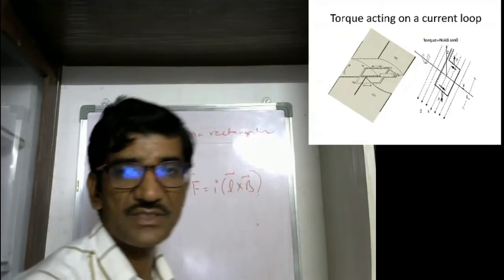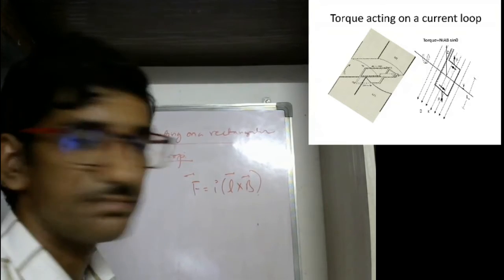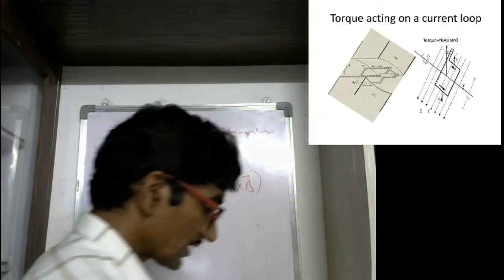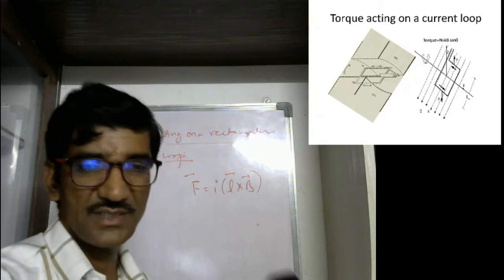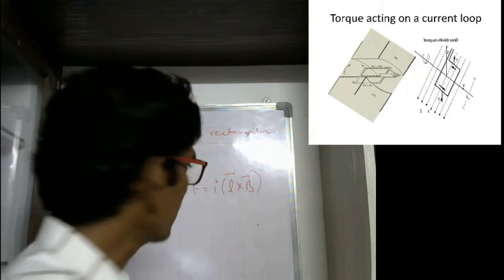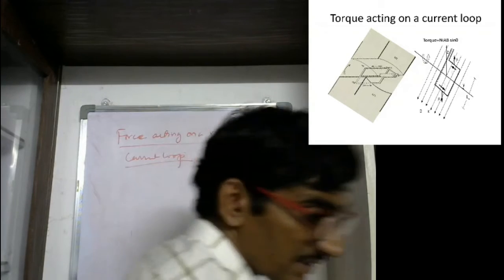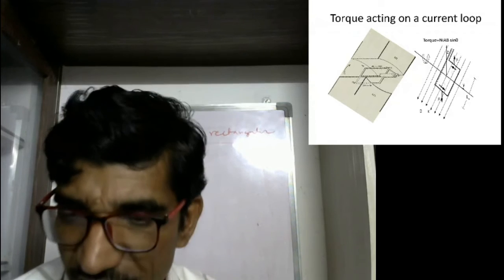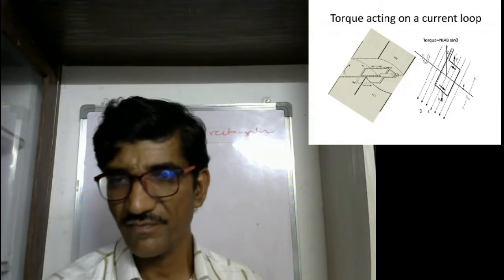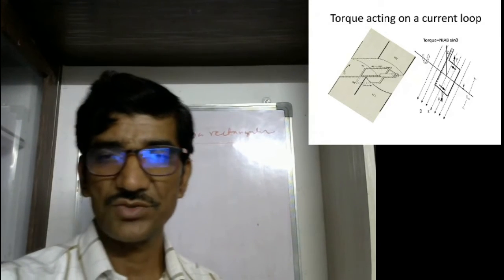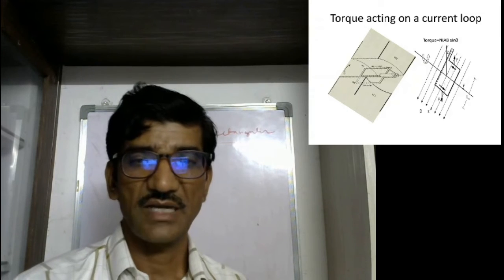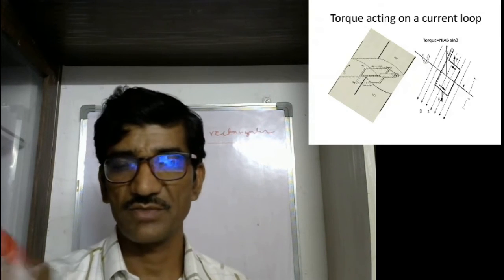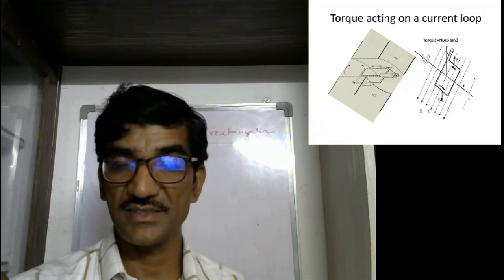Next, let us go for the torque acting on a current loop. Torque acting on the current loop. So here also we are using the same formula, force acting on the conductor. You can see that in the slide as well. See, two permanent magnetic poles are there, some uniform magnetic field is there.